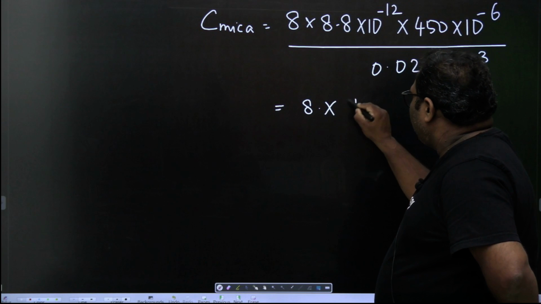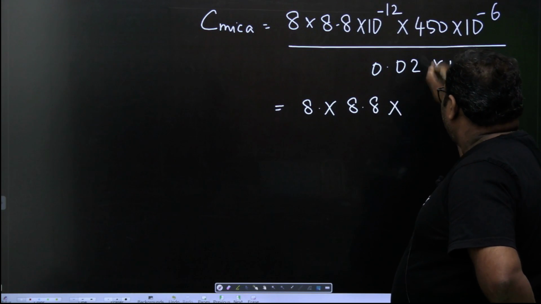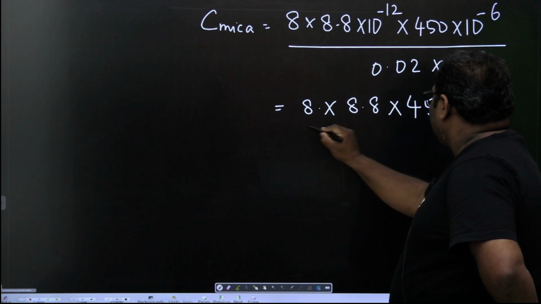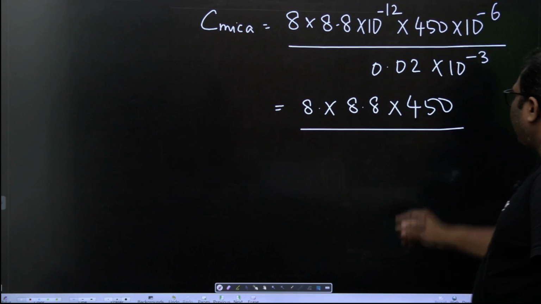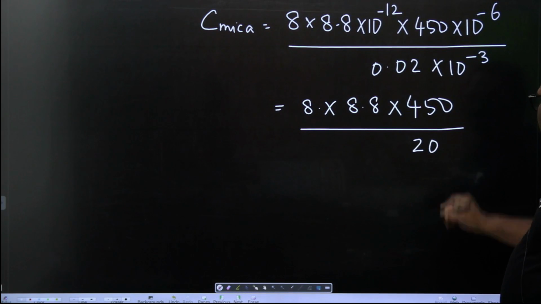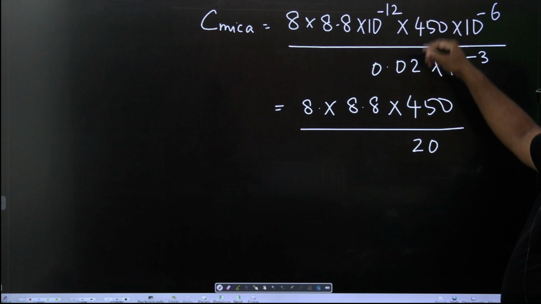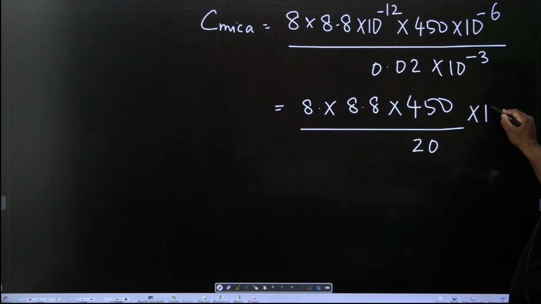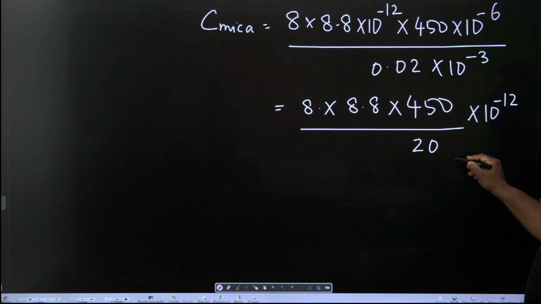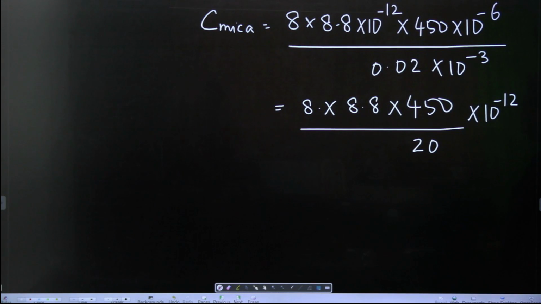So this is what comes to be 8 into 8.8 into 450 by approximately 20, 10 power minus 6 cancels, into 10 power minus 12. This is the picofarads that you get. Shayad this comes to be slightly large value of nanofarads. Approximately it should be coming to be around nanofarads.